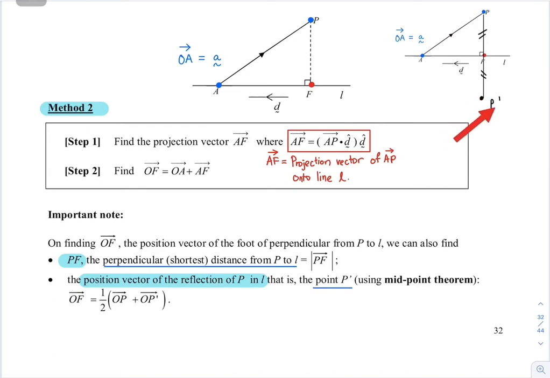Since P prime is the reflection of P about the line L, the distance here and here are equal, and therefore we can use the midpoint theorem and thus get the position vector of the point P prime by making this vector the subject.